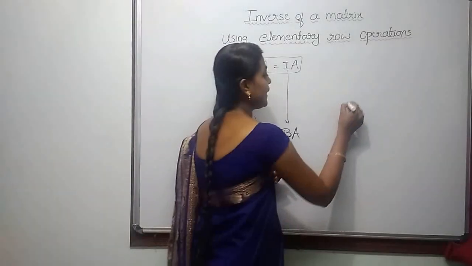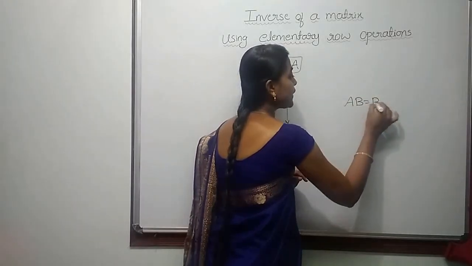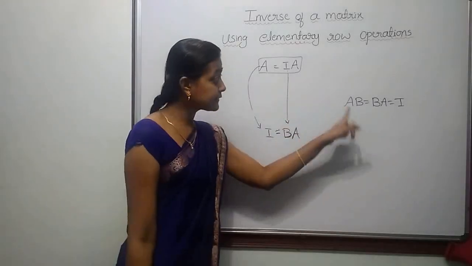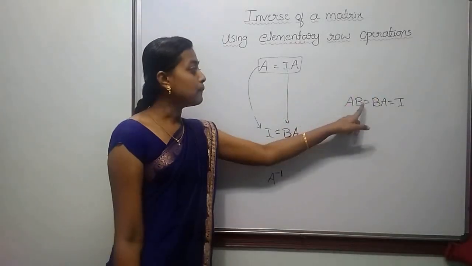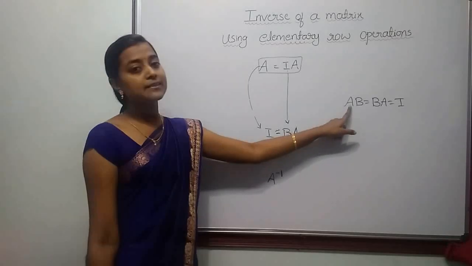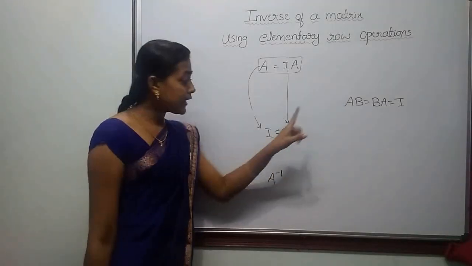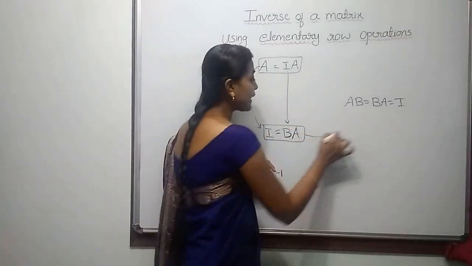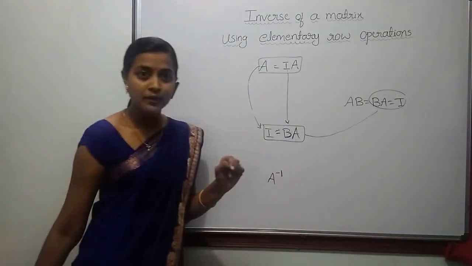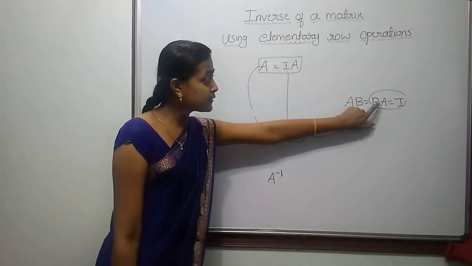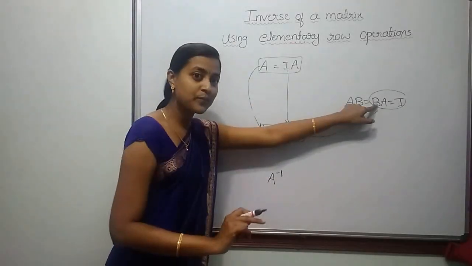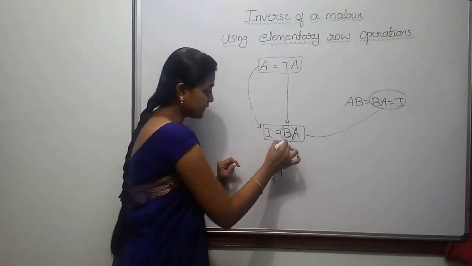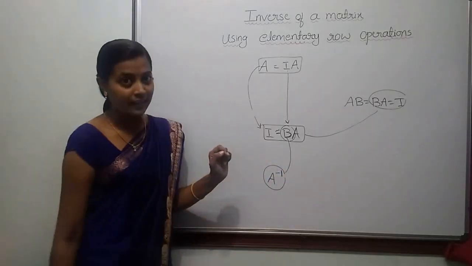We know that if A into B is equal to B into A is equal to I, this condition is satisfied, then matrix B will be the inverse of matrix A. Now observe the equation I equal to BA is same as the equation BA is equal to I. Now in this condition, what is this B? B is the inverse of A. So here also we say that matrix B is the inverse of matrix A.